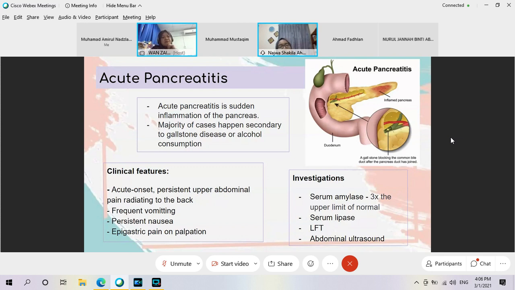Palpation tu sign, pain tu symptoms. Okay? Pain is symptoms. Palpation is a physical examination. So what is the signs of pain?